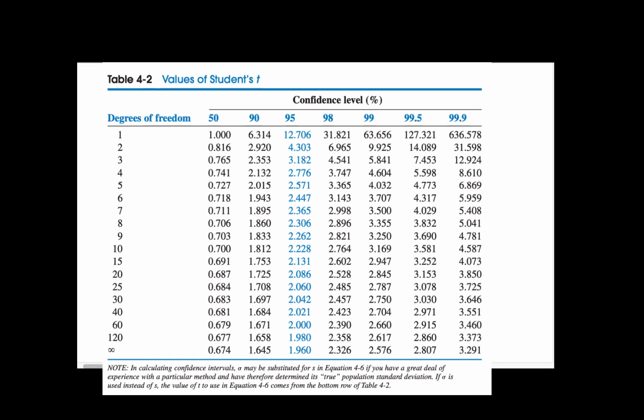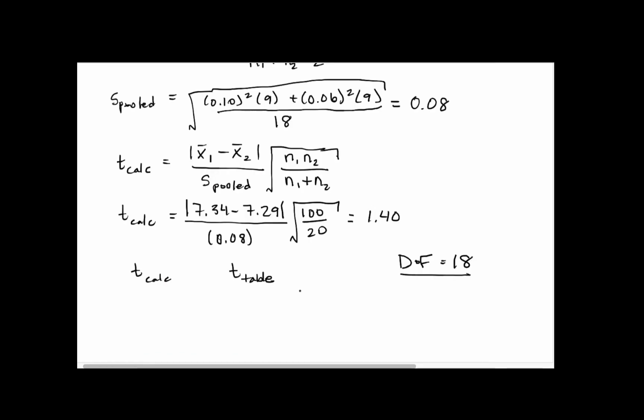So let's go with the 95% confidence level again. So our t is 2.131 for n equals 15. And if we look at n equals 20, t is 2.086. So both of these are larger than our calculated value, switching back. So our calculated value is less than that t-table value.